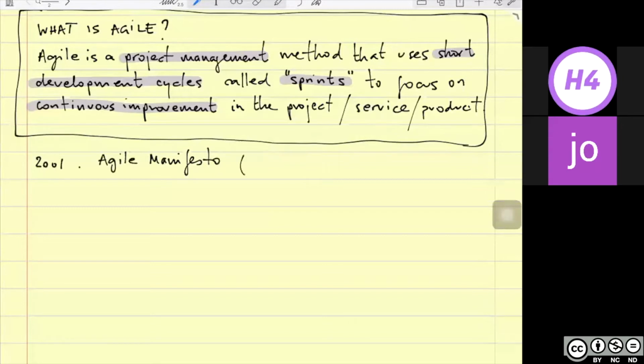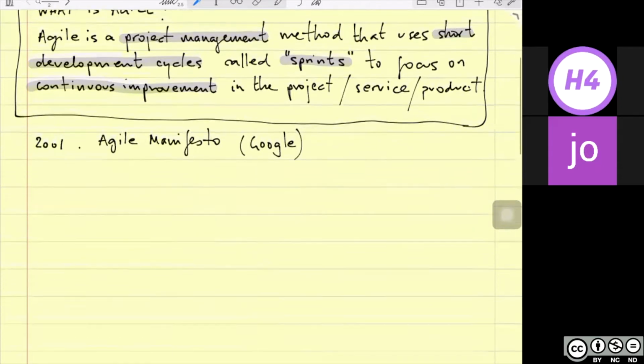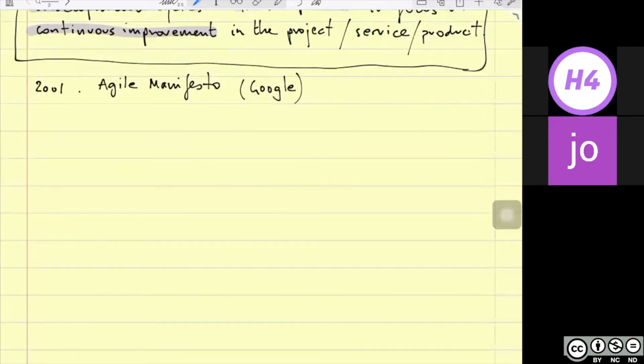You can Google it and read about it. It's a formal proclamation of 4 key values and 12 principles to guide an iterative and people-centric approach. Basically, I'm going to give you the guidelines so you can follow what I tell you.